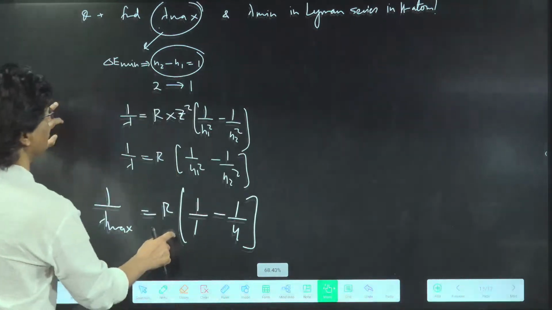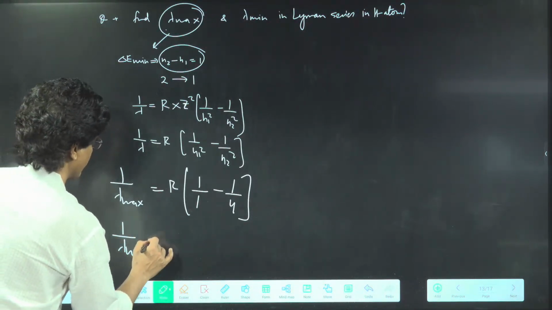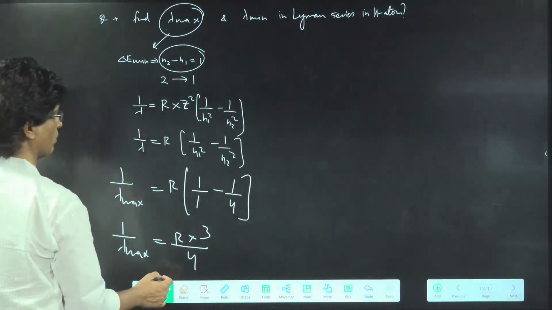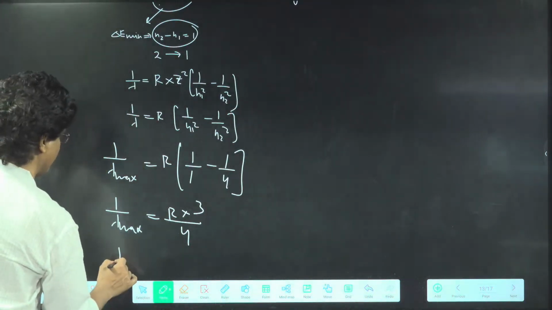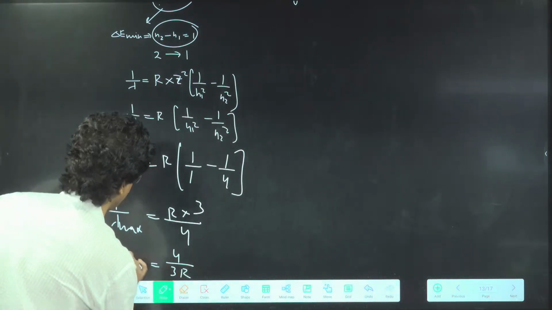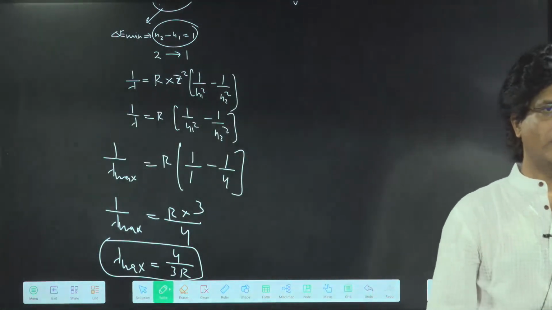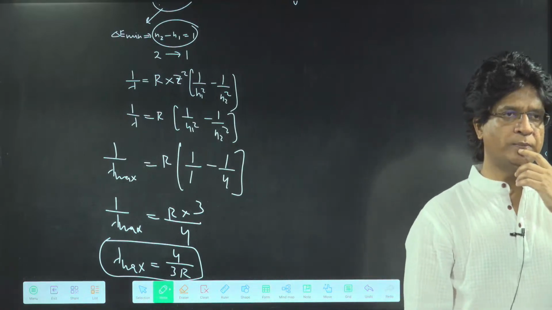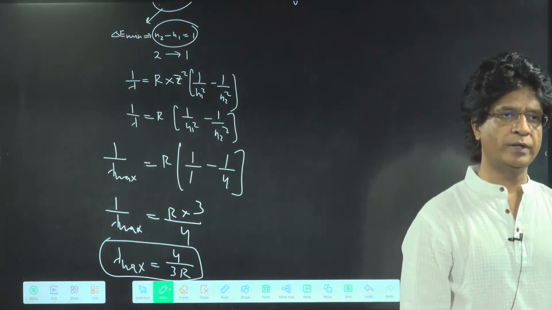Take the LCM. 1 upon lambda max will be R into 3 upon 4, so lambda max will be 4 by 3R. How many of you got it? All of you got it correct.